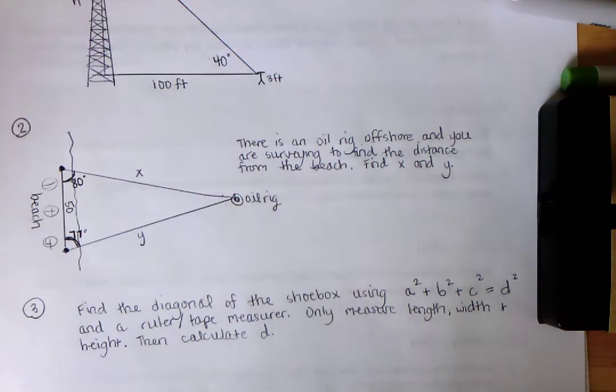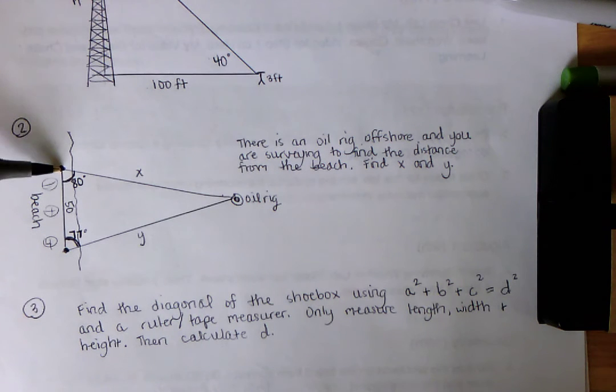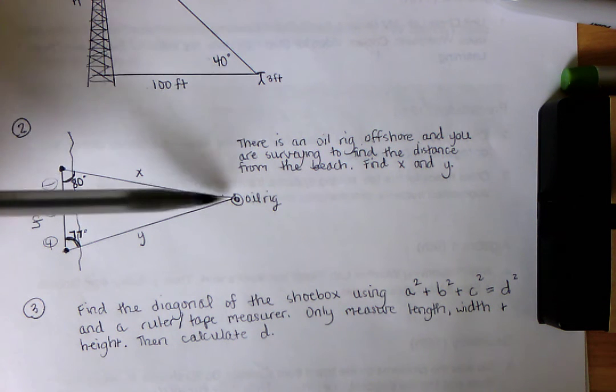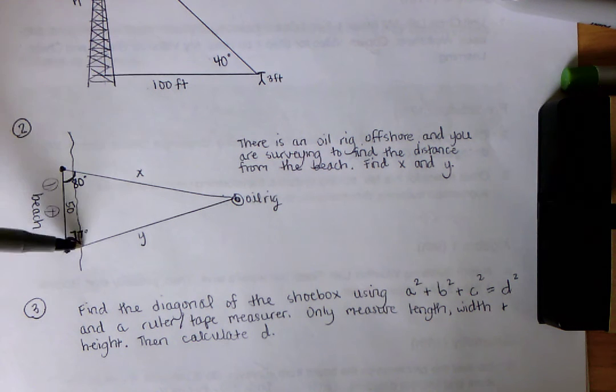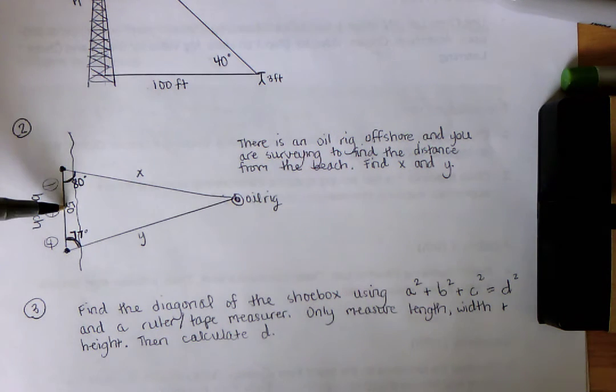So let's say you were the surveyor and you were at this spot, and you looked out to the oil rig and measured it to be 80 degrees from this line. All right, and then you came over here, and when you were looking up this way, you measured it to be 77. So you went 50 feet, basically, in between the two.